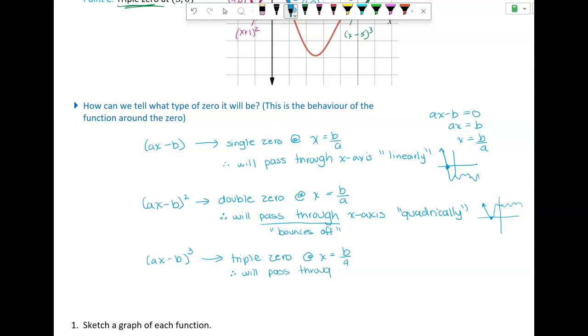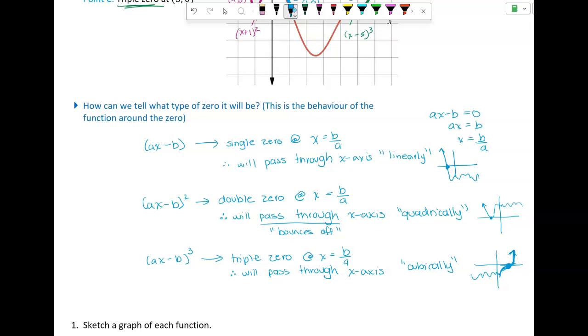If I were to draw that, it goes up towards the x-axis and then passes through in a different direction, curving the other way on the other side. So it's like a cubic-like graph there.